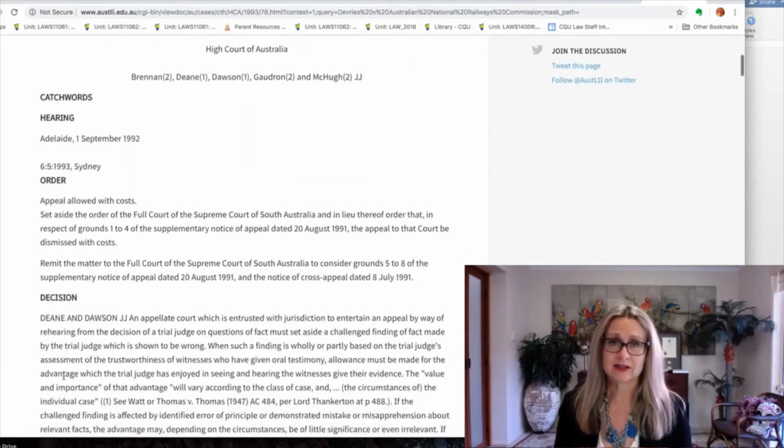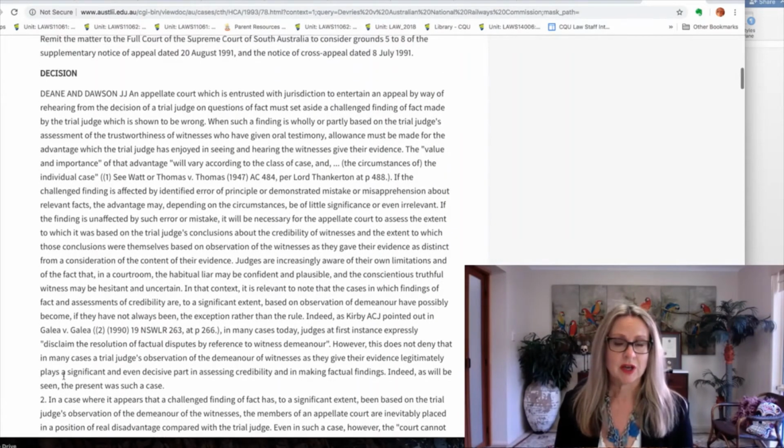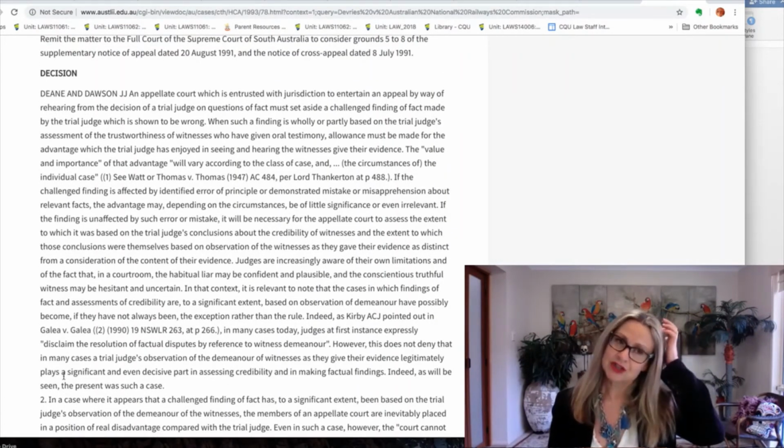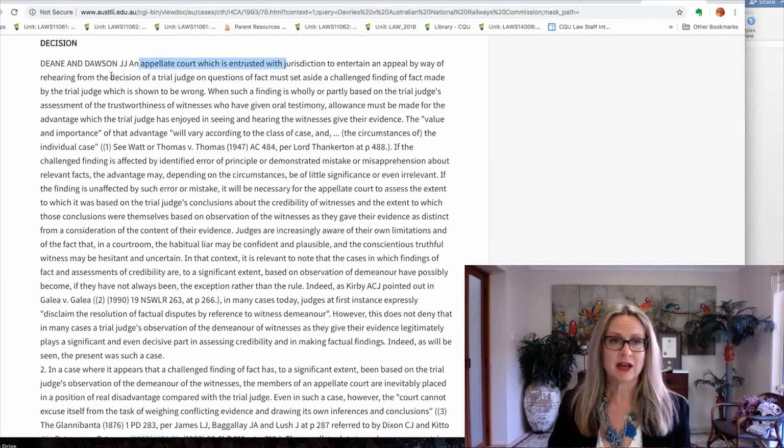Just to quickly set out the principle that was at stake here, Justices Brennan, Deane and Dawson in their joint judgment go about explaining why a trial judge's decisions on fact is so important. An appellate court entrusted with jurisdiction to rehear a trial judge on questions of fact only sets aside a challenged finding of fact made by the trial judge where it's shown to be actually wrong.